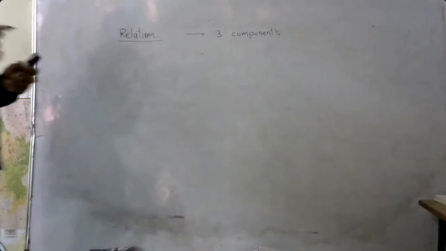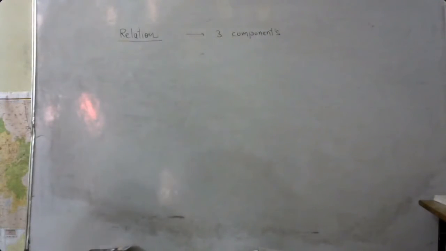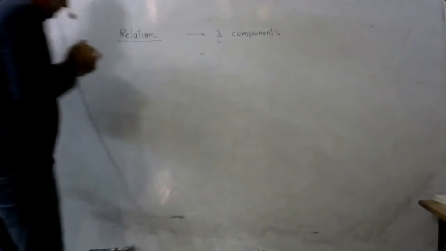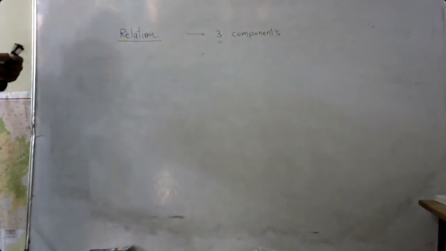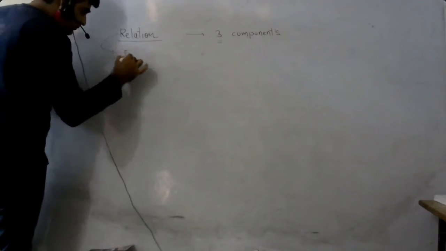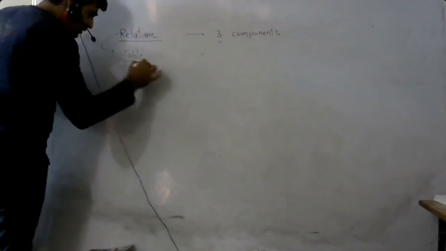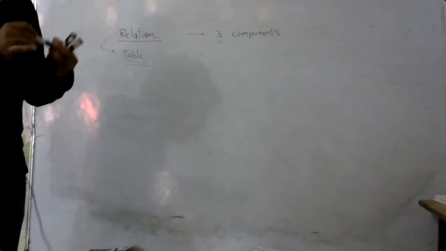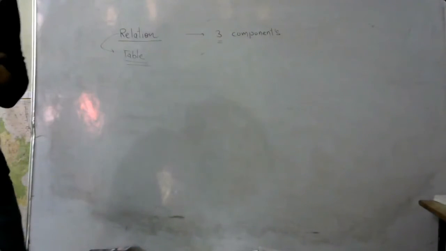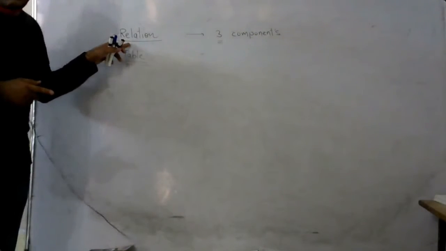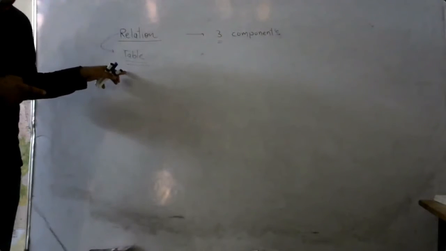There are many components in a relation, but there are three main ones. And whenever I say the term relation, we can also call it a table. Either we say table or relation, but because we are from the field of engineering, it's better to say relation, not table.